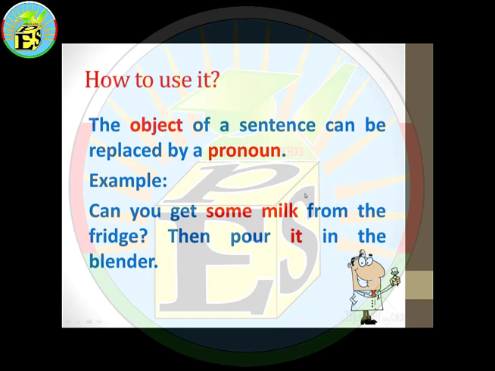If we used the same noun again, we would say: then pour some milk in the blender. So it refers to the noun here, some milk.